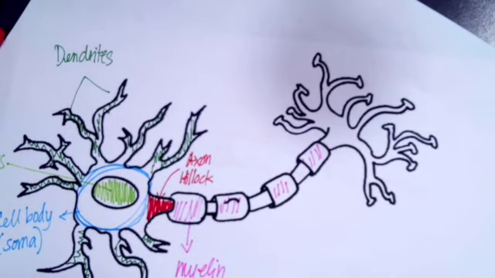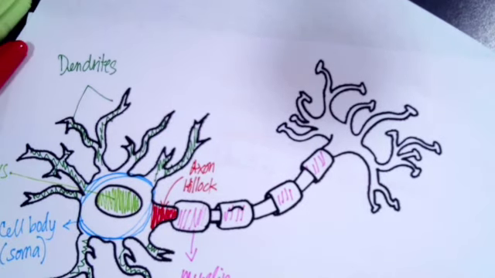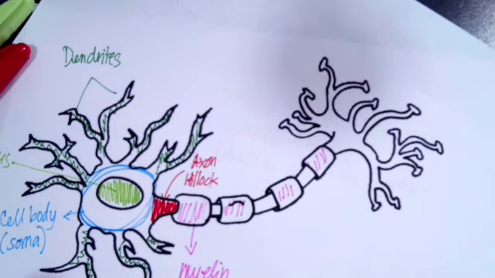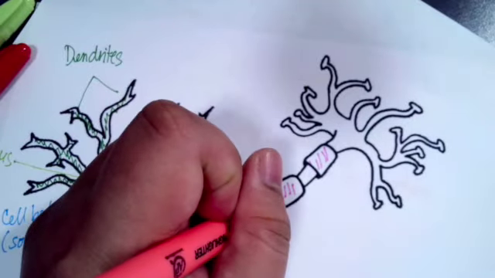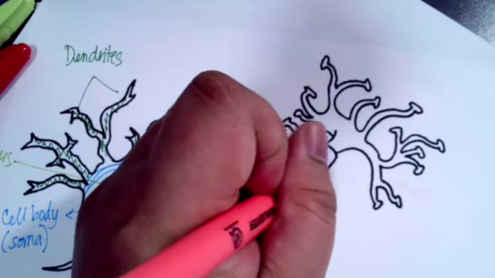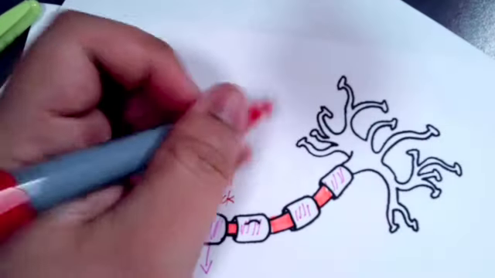And next to that, we need more colors here. Okay, this part over here is what we call the axon.